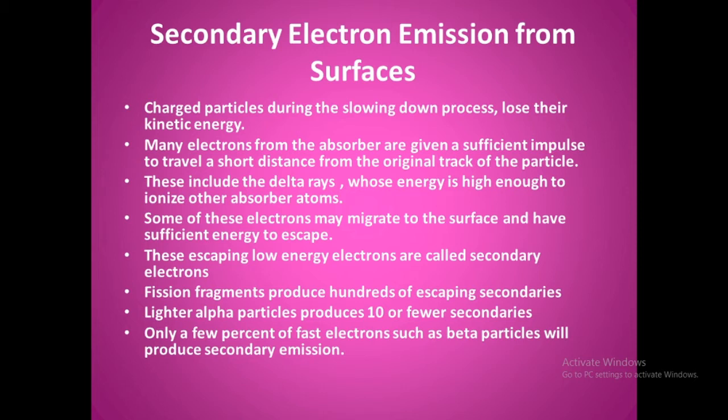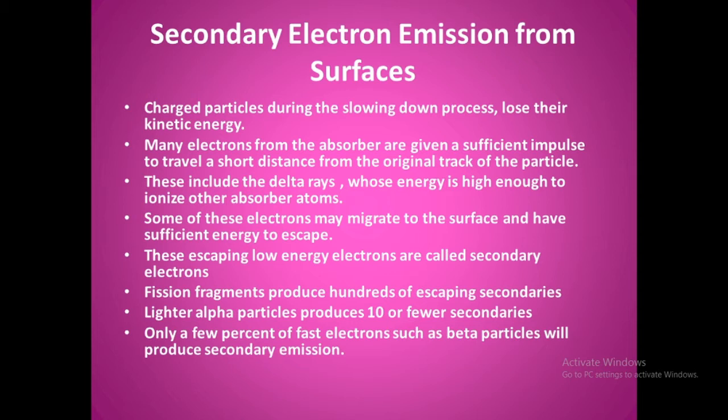Some of these electrons migrate to the surface and have sufficient energy to escape when an energetic charged particle is incident on or emerges from a solid surface. Such escaping low energy electrons are termed secondary electrons.